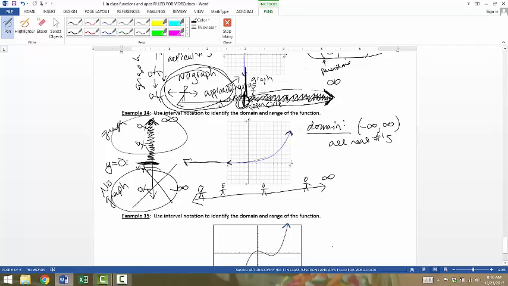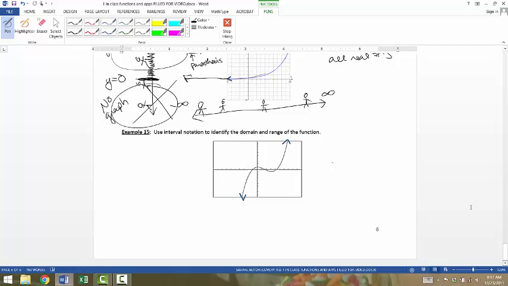So it looks like the graph cannot actually equal y equals 0. It just gets closer and closer to it. So again, we would use a parenthesis with 0 as the low, and then it goes up to positive infinity with the high. And again, you've got to use a parenthesis because the graph never actually reaches a height of y equals 0. It just gets closer and closer to a height of y equals 0.